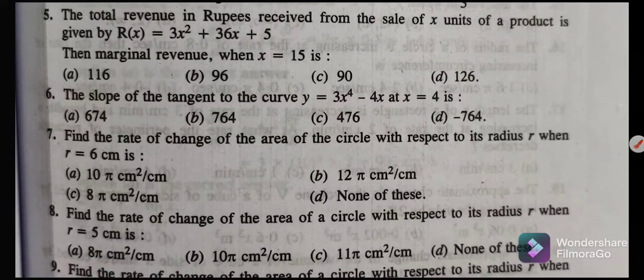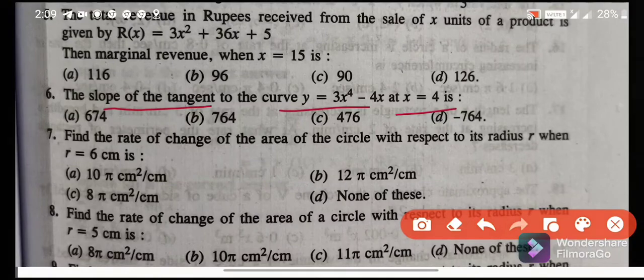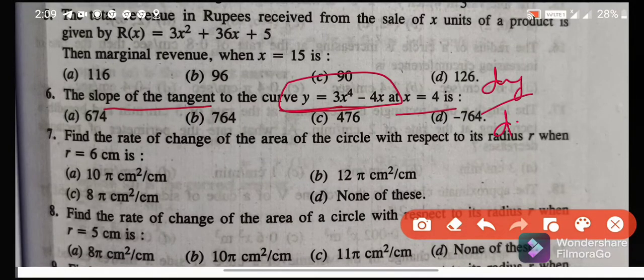Next question. The slope of the tangent to the curve y is equal to 3x raised to the power 4 minus 4x at x is equal to 4. Now the slope of the tangent, differentiate this equation, dy/dx is equal to 12x raised to the power 3 minus 4.